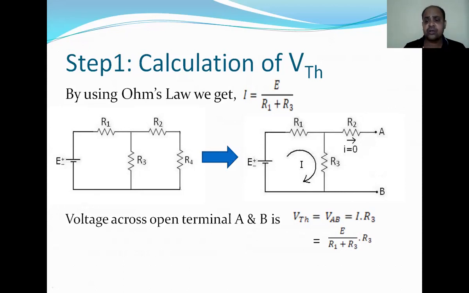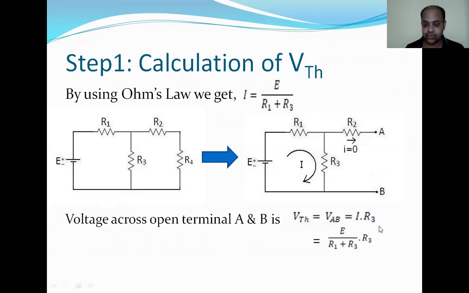Here we know that as per Ohm's law, V equals IR. So the voltage drop across the parallel resistance of the open terminal, VAB, that is VTH, will be equal to I R3, because the current flowing through R3 is I and the resistance is R3. On the top we found the value of I, that is E divided by R1 plus R3.